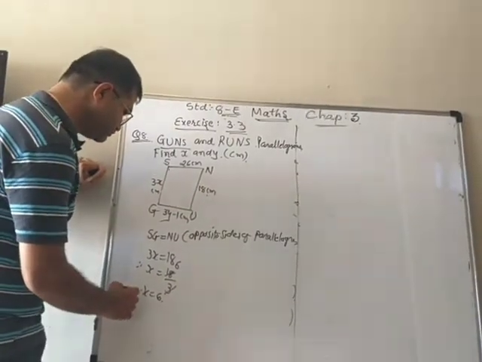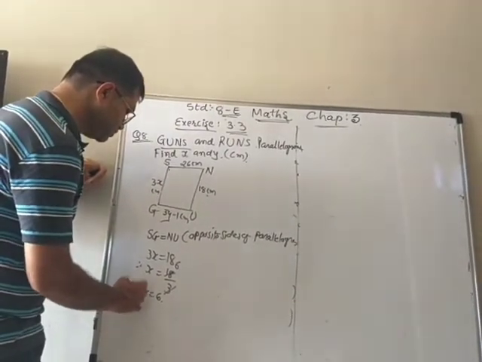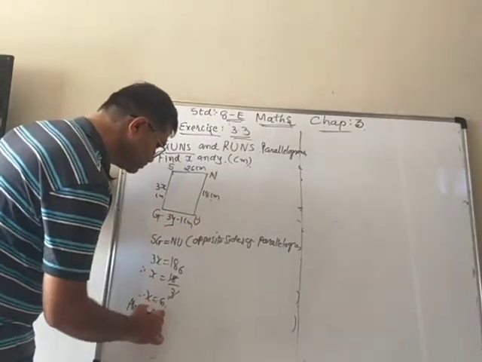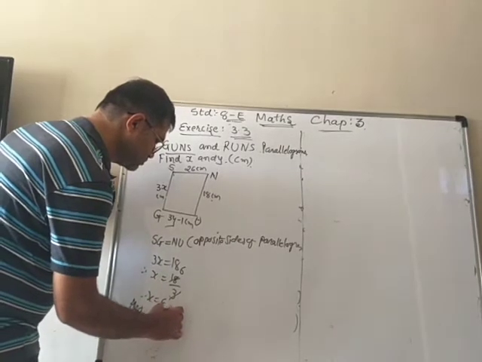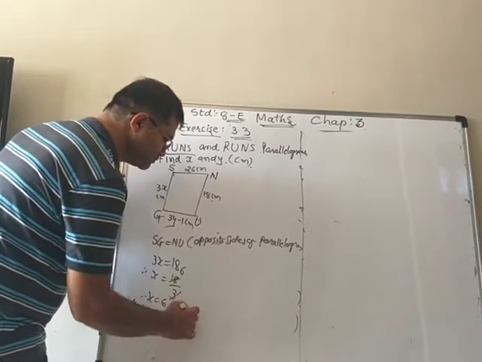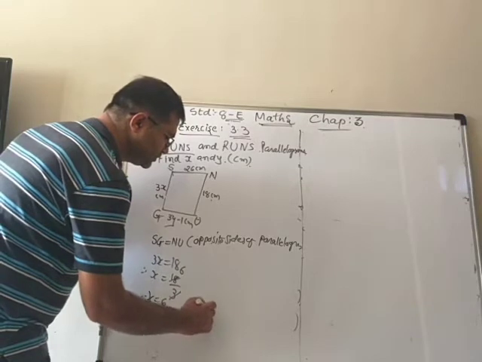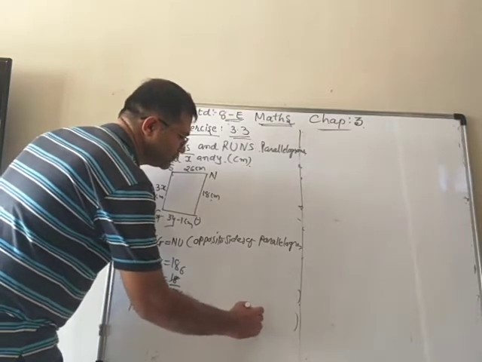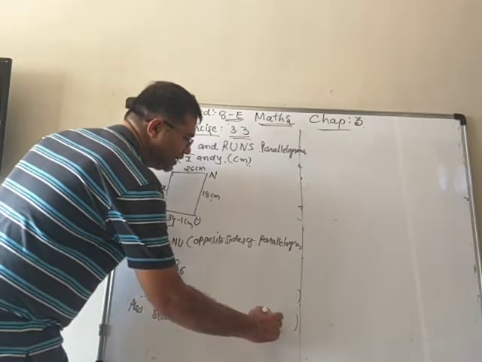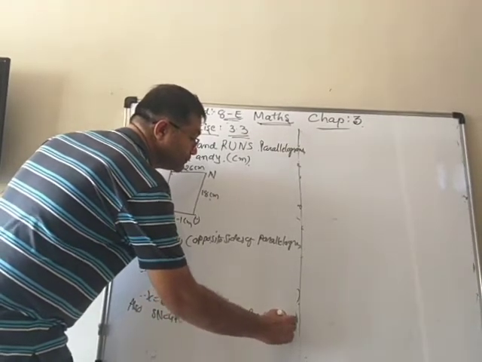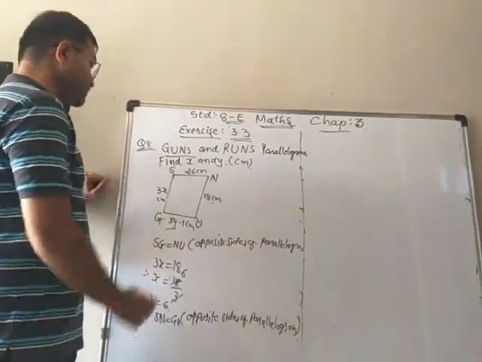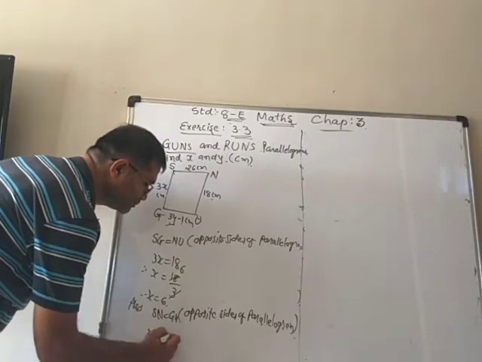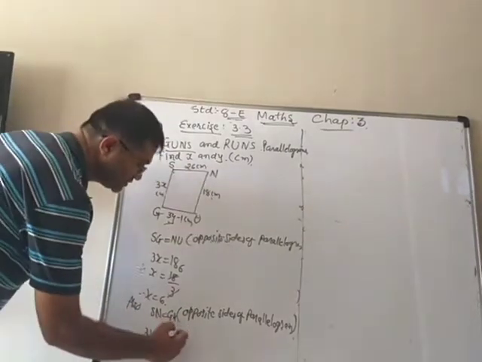And now also SN is equal to GU. Also the same thing, opposite sides of parallelogram. Therefore, 3y minus 1 equals 26.